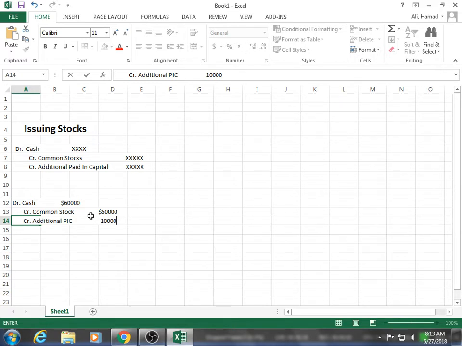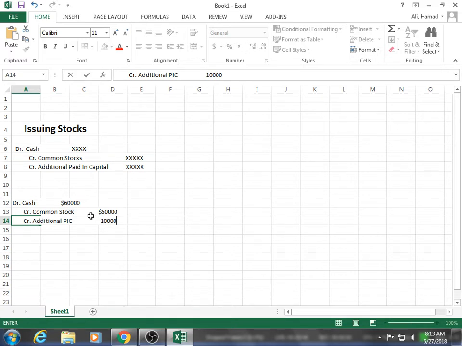So if I were to do a stockholders' equity at this moment, how would it look? Remember it from your mind. What are the components of stockholders' equity? Contributed capital and retained earnings.